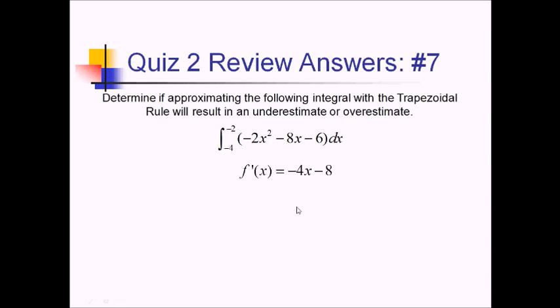And then our second derivative is just negative 4. There are no critical values here, so we don't have to worry about changing concavity midstream. So we just have to look at the direction of the concavity in this interval. It doesn't really matter what you pick in any interval, though. It's a constant value of negative 4. So our second derivative is negative.